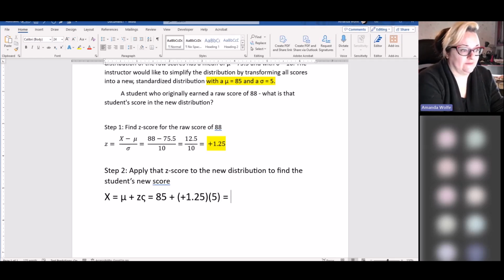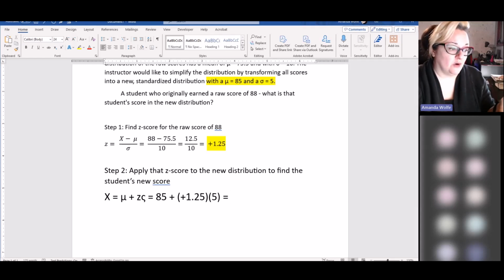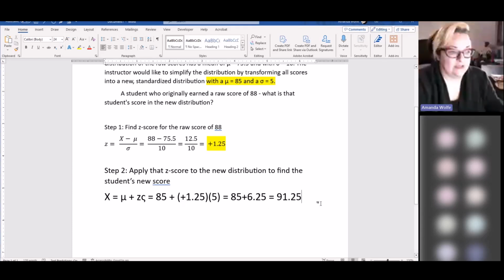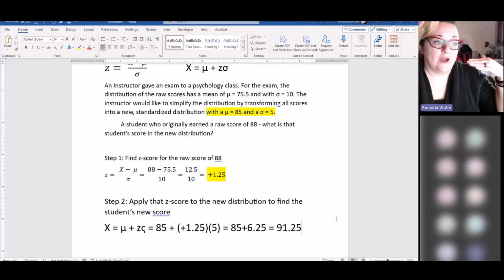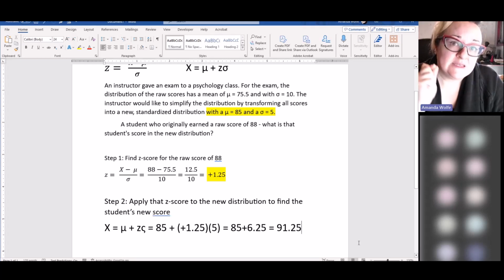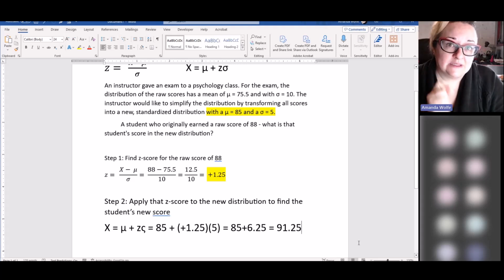And again, I have to do the multiplication part first, right, in that PEMDAS order of operations, which is 85 plus 6.25, which gets us to 91.25. I think everybody in this class would rather have the 91.25 than the 88, but they are the exact same spot.